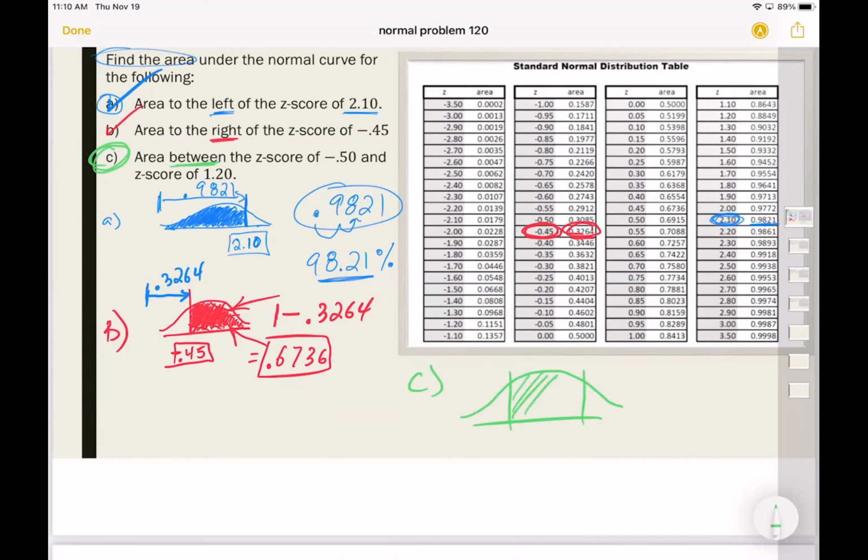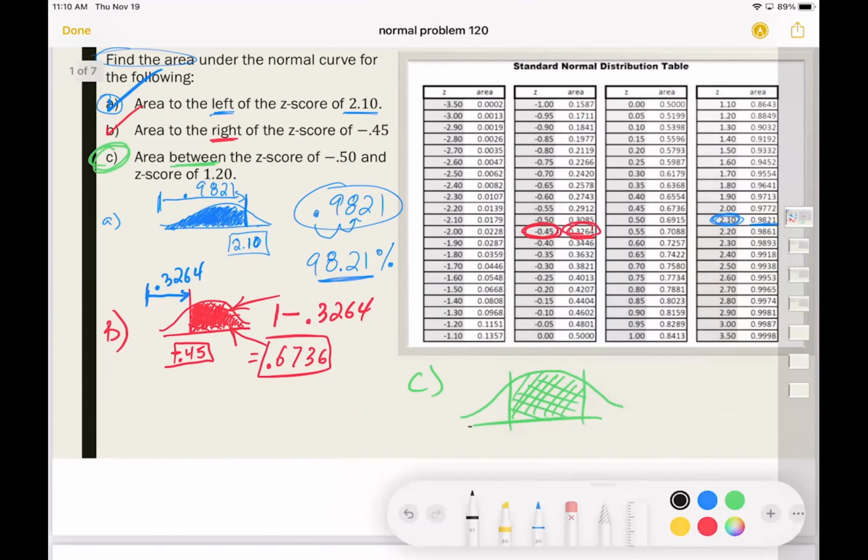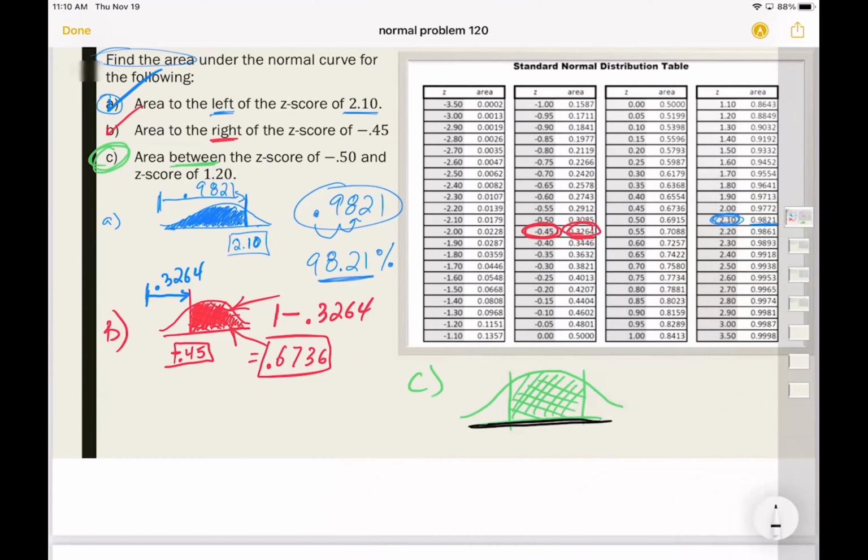Do you agree that anything in between these 2 numbers is the area in between, right?